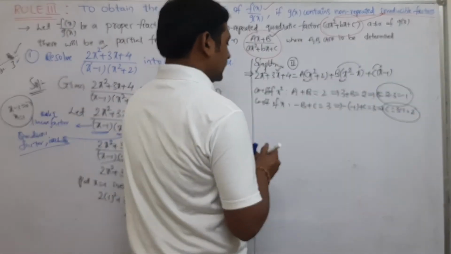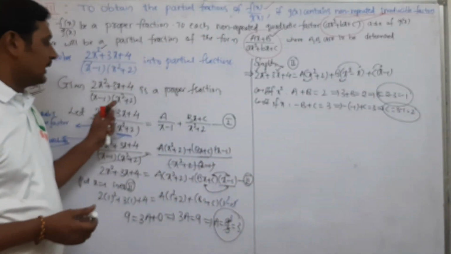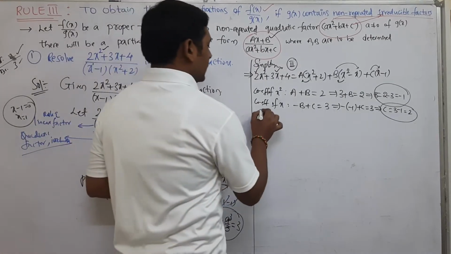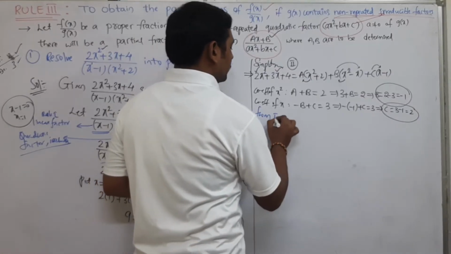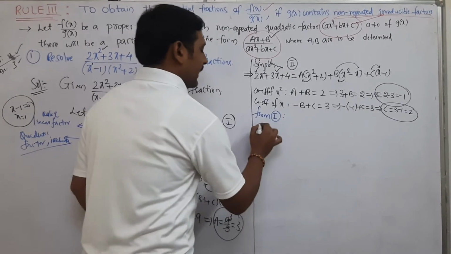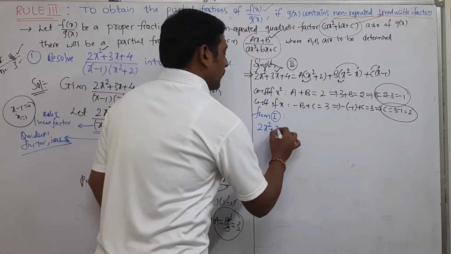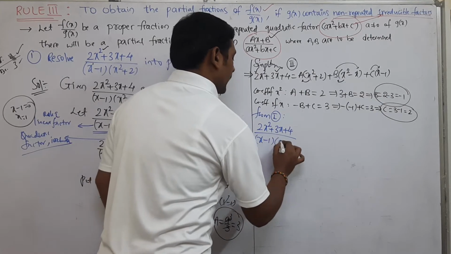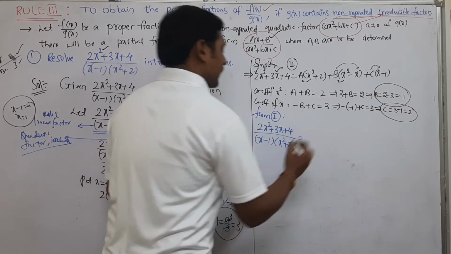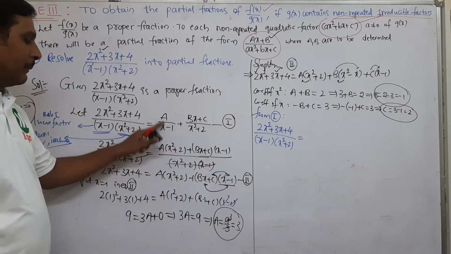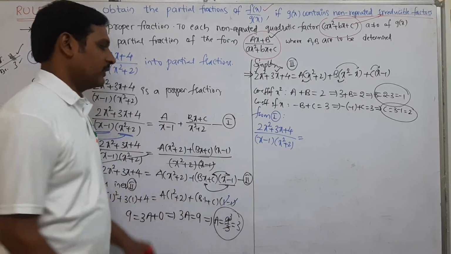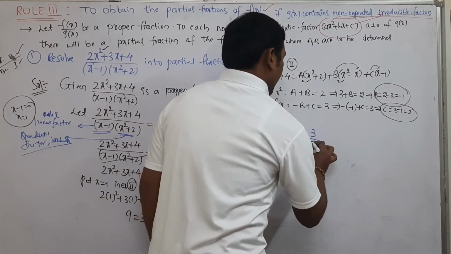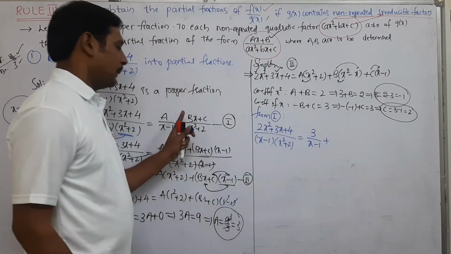So finally substitute all these values in the first equation. From the first equation what can we write? 2x square plus 3x plus 4 by x minus 1 into x square plus 2 is a by x minus 1. What is a? 3. 3 by x minus 1 plus bx.